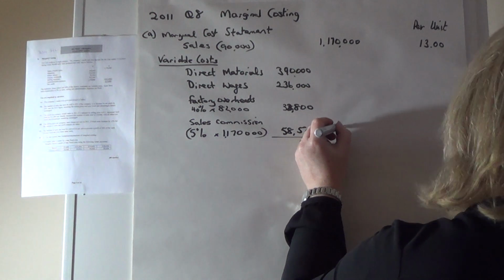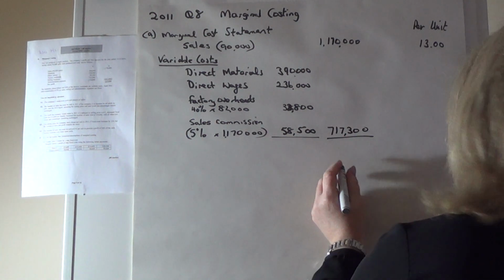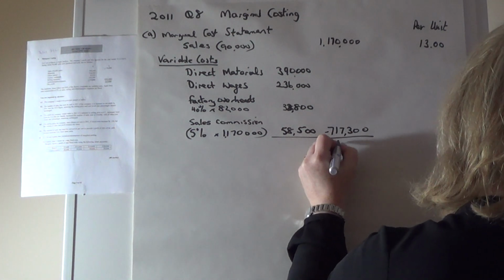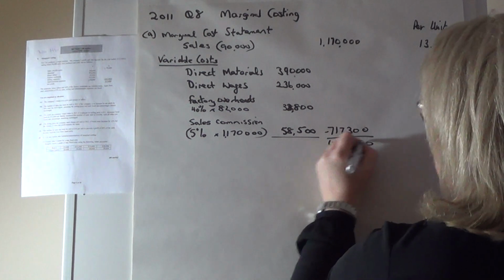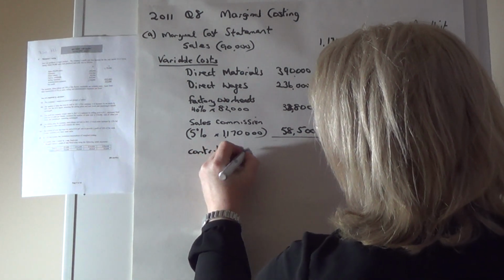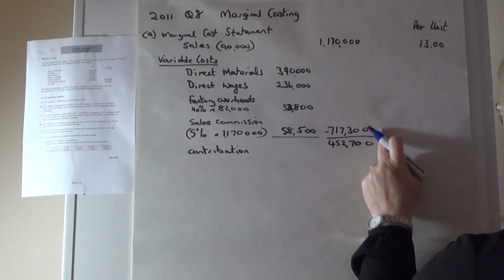Then we have 717,300 in total. So subtracting those then will give us our contribution. And again, we can get a per unit on each of those.